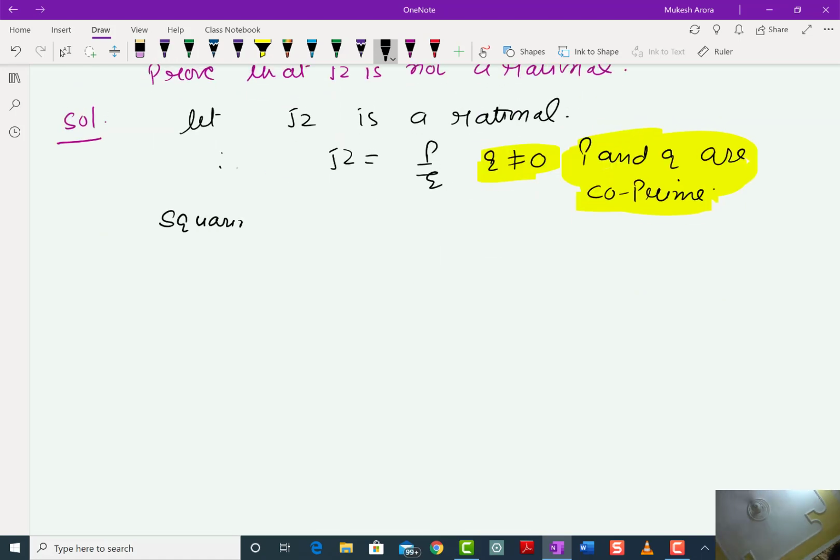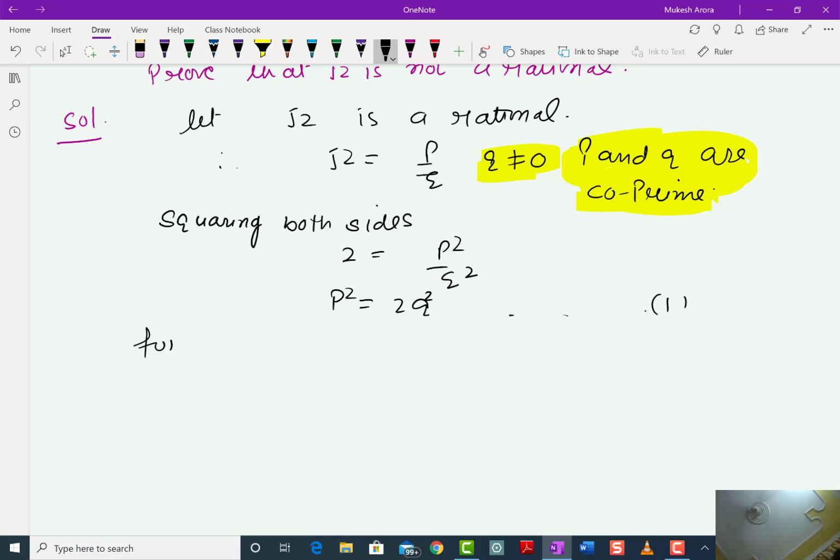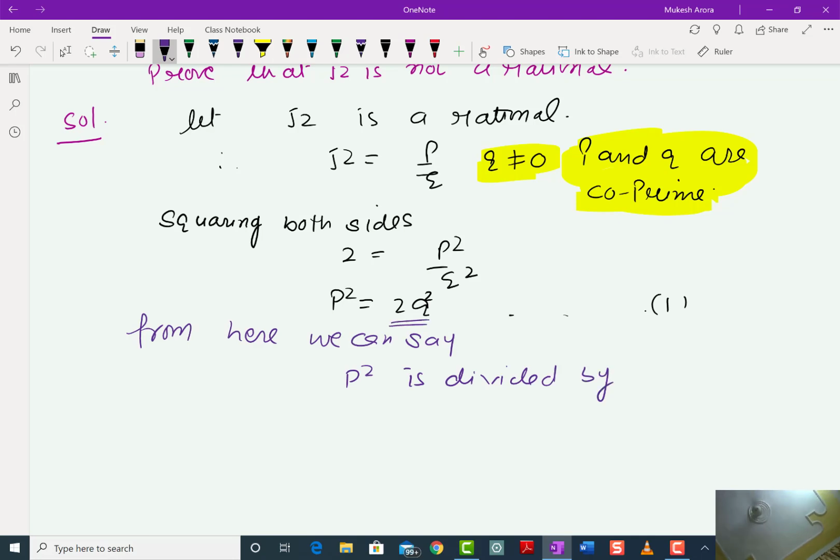squaring both sides, then it will be 2 is equal to p square by q square, or p square is equal to 2q square. From here we can say that p square is divisible by 2, because p square is a multiple of 2.